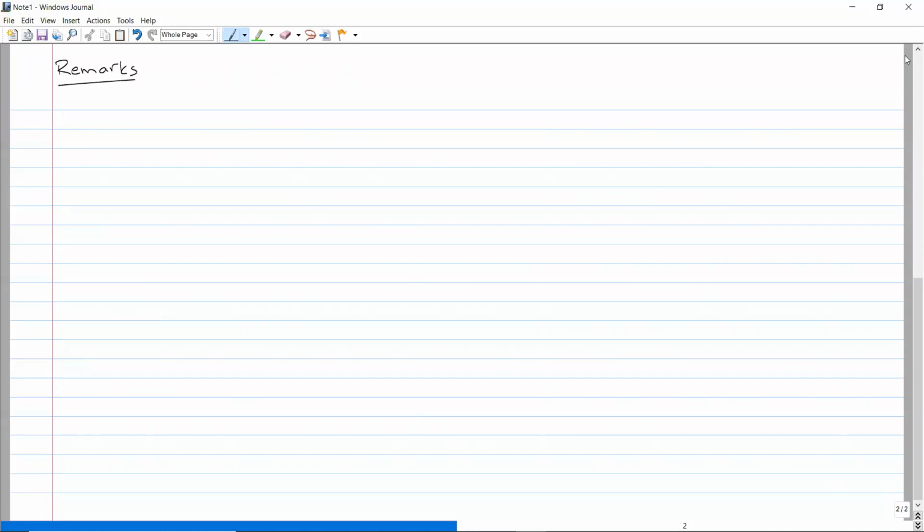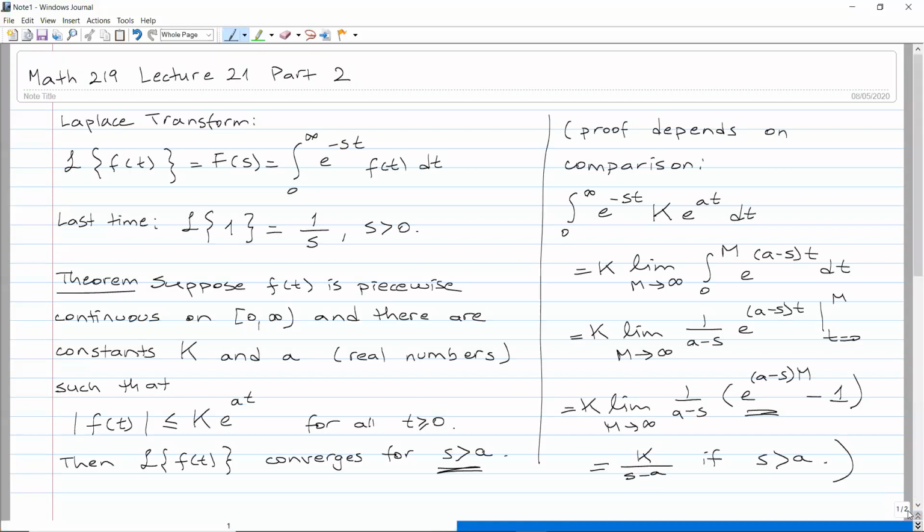By the way, this theorem, this condition: in our examples, we are going to evaluate the integral to see that it exists. In general, you need this condition if you're going to say anything theoretical, anything in general, for general functions.